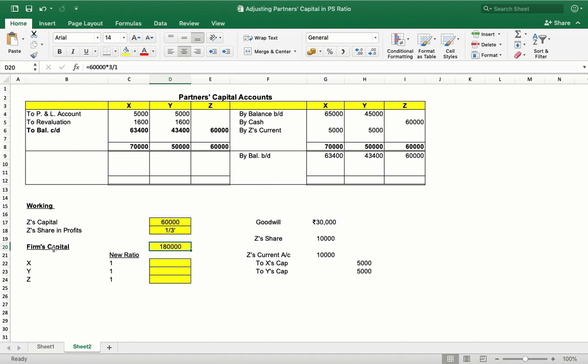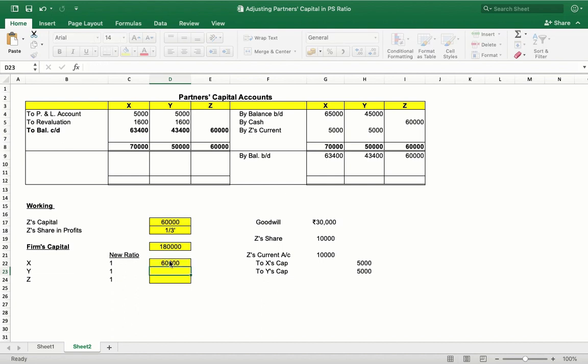Once we get the firm's capital, now we will allocate this firm's capital in the new profit sharing ratio, and the new profit sharing ratio is 1:1:1. So 1,80,000 multiplied by 1 and divided by the total of the ratio, which is 3.